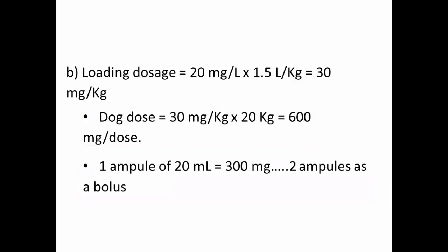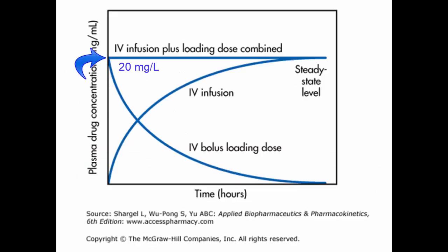So basically the loading dose will put us right away at the 20 milligram per liter mark, and then we continue with the constant rate of infusion, which is going to maintain the concentrations steady because the amount of the drug going in will basically be similar to the one leaving the body.